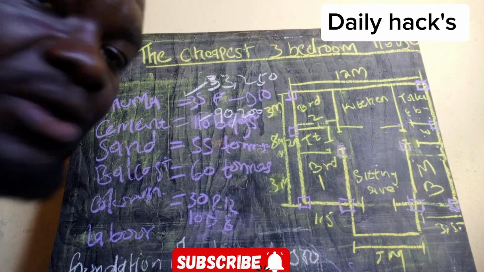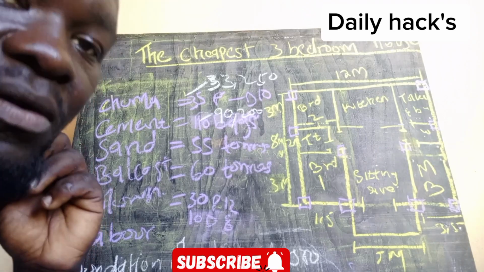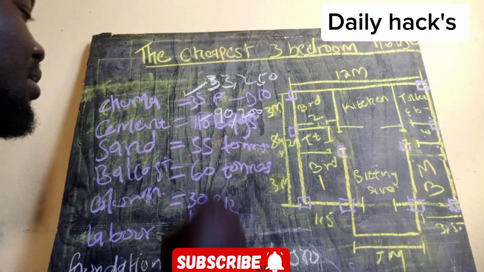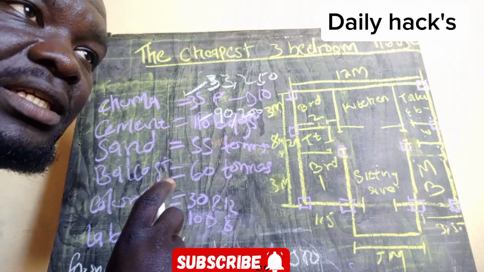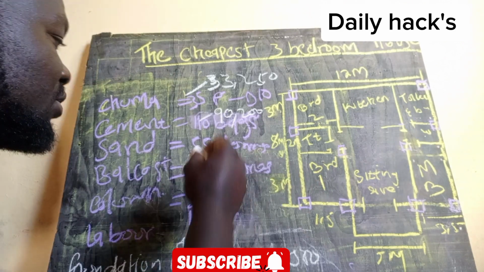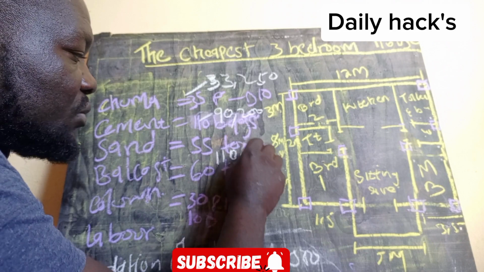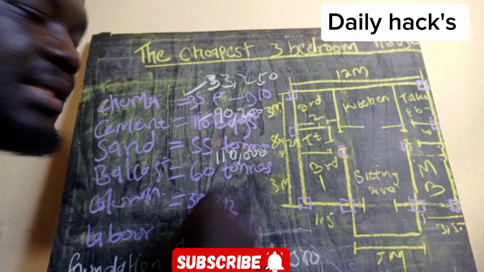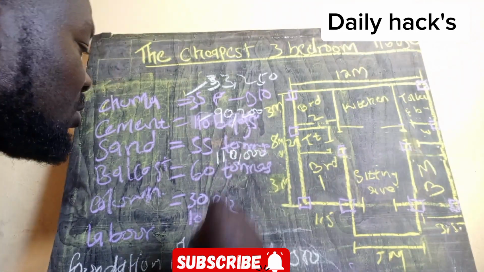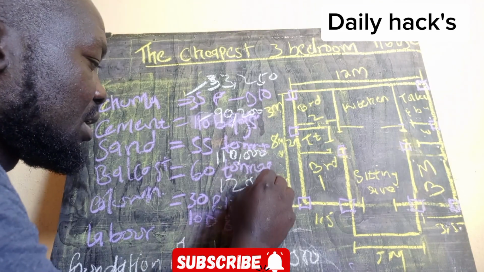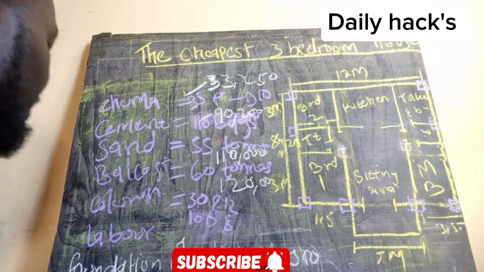Then for the sand, we need 55 tons of sand. So per every ton you can get it at 2,000. So it will be 110,000. Ballast the same, 2,000 per ton. So it will be 120,000.